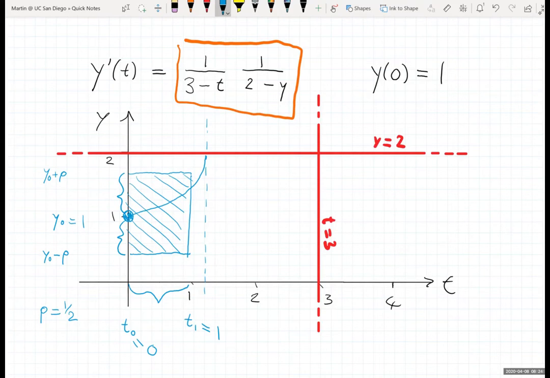In fact, the solution does not exist for all times t. If you plot the function, what you're going to see is that the solution is going to evolve forward in time, and the graph of y, as we get close to some point after t equal 1, is actually going to explode to infinity.